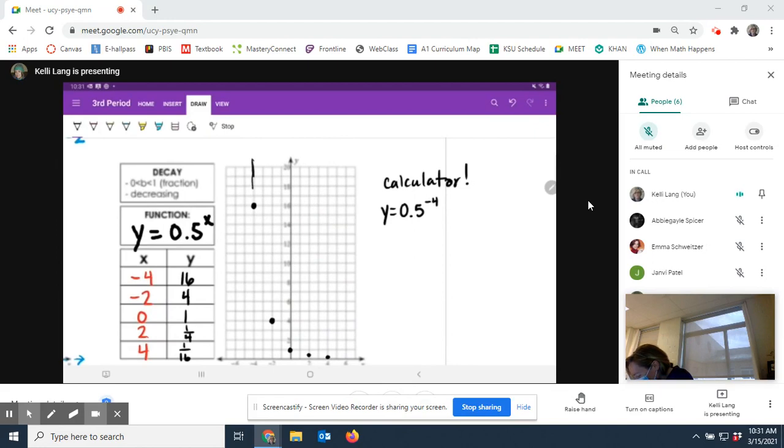I'm a little nervous about mine. That's pretty close. Could be worse, I guess. So your curve should look something like this. Don't forget your arrows in both directions because this keeps going on and on forever in both directions.